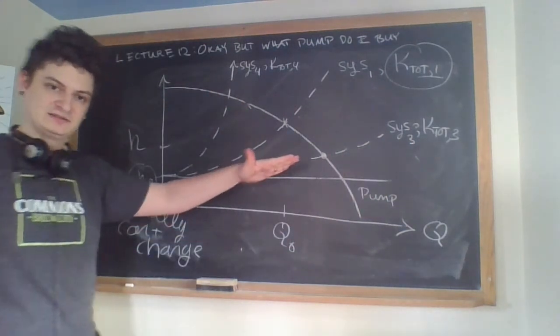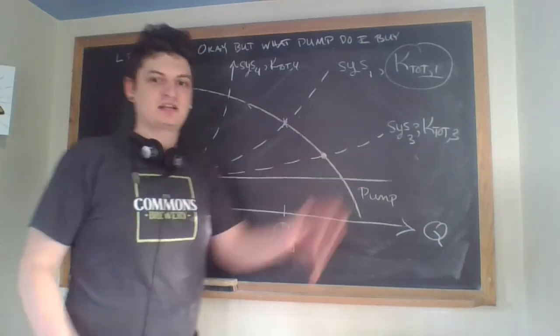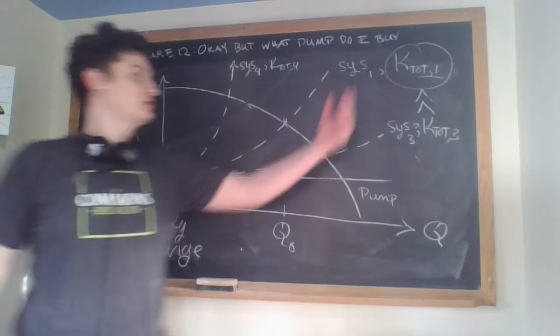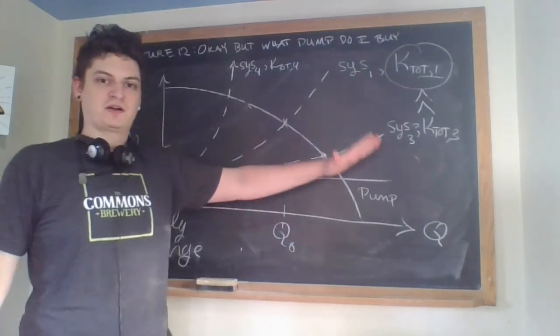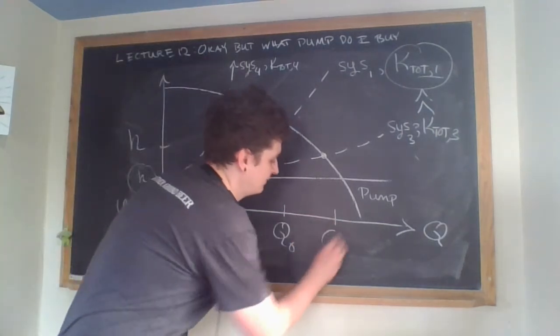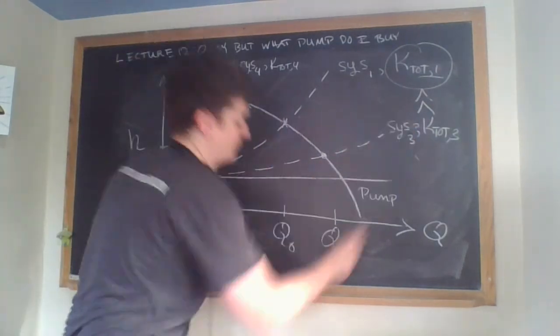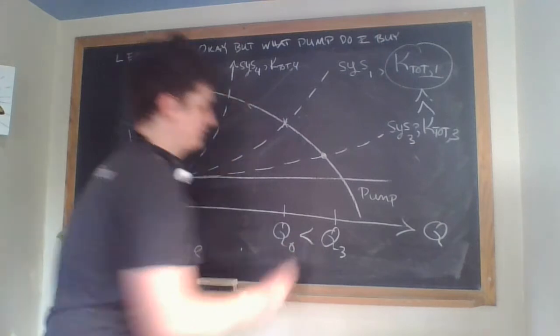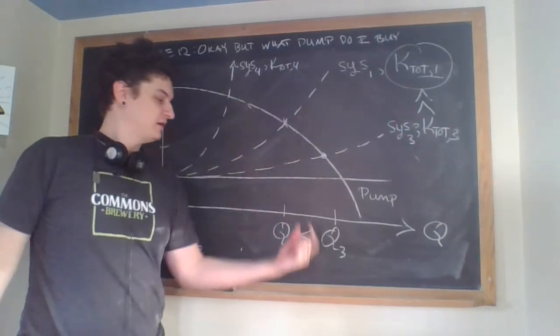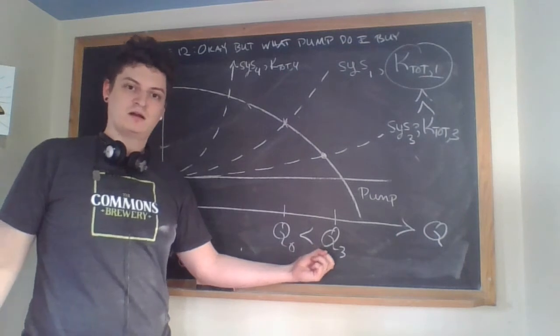So if I make this much, much smaller than my original system design, I'm going to flatten out the curve. Flattening this curve draws the operating point forward and makes the operating flow rate more.